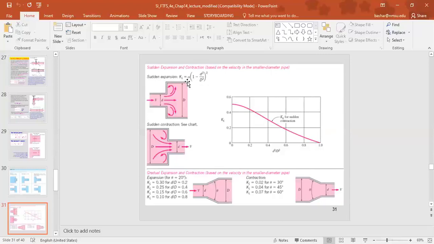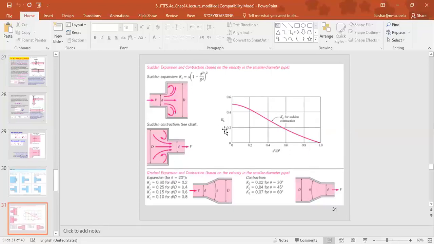Now, for the sudden expansion and contraction, for the sudden expansion we have this equation. It equals alpha, the kinetic energy correction factor or coefficient, times 1 minus d squared divided by D squared. While if we have a sudden contraction, then we have this chart to find the loss coefficient, which is a function of the diameter square ratio.